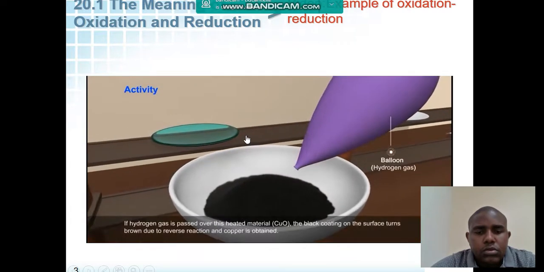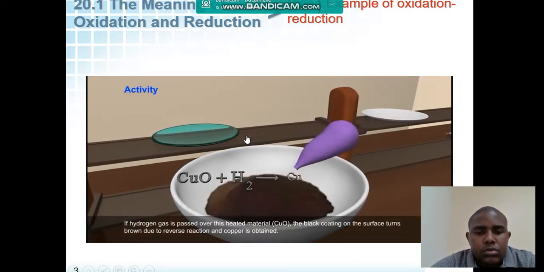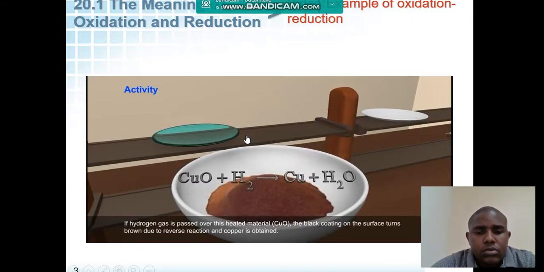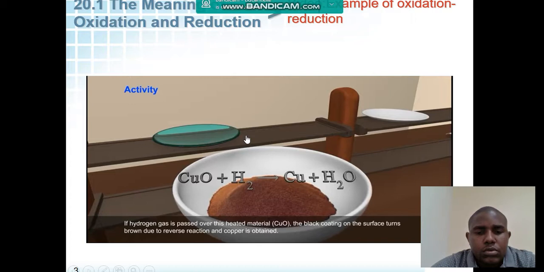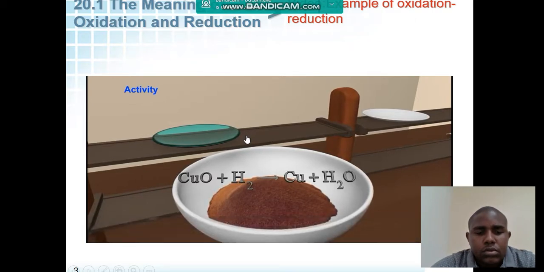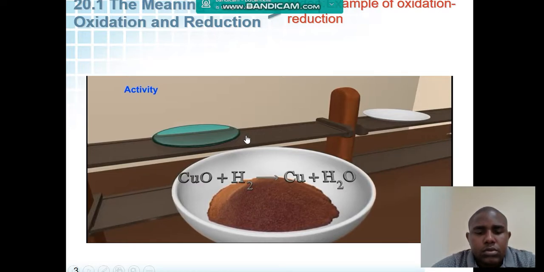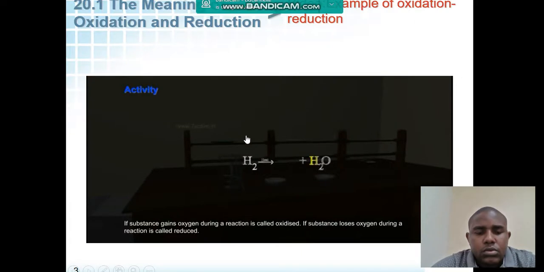If hydrogen gas is passed over this heated material, copper oxide, CuO, the black coating on the surface turns brown due to reverse reaction and copper is obtained. CuO plus H2 gives rise to Cu plus H2O. If a substance gains oxygen during a reaction, it is called oxidized.